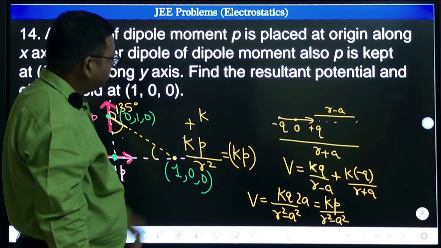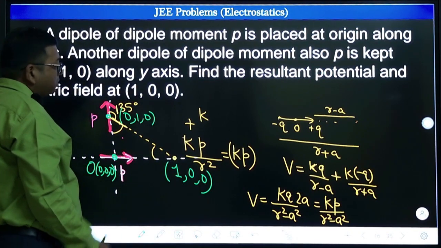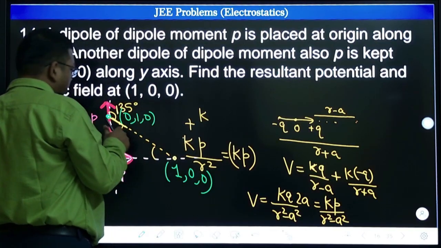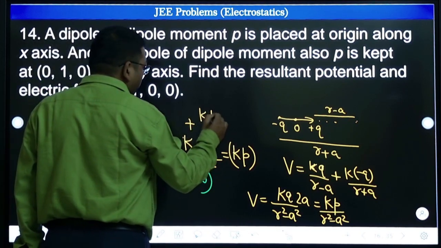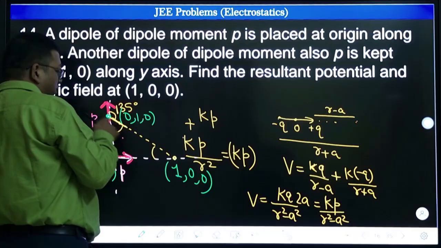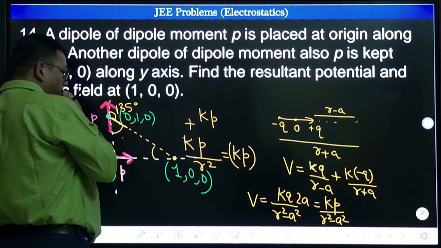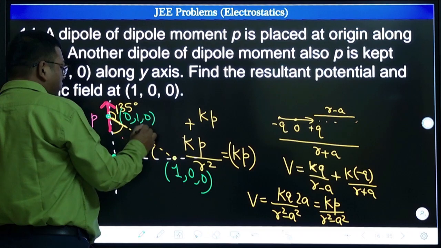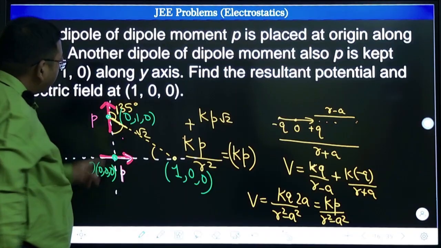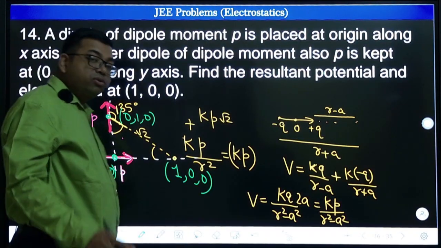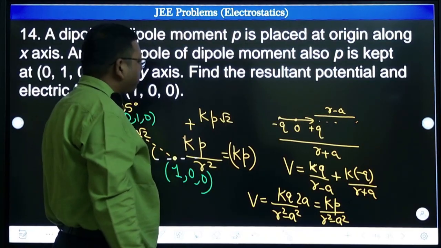Let us do that. Dot product means kp cos theta. What is the magnitude of this? This is root 2, right? So root 2 cos theta, cos of 135 degrees.